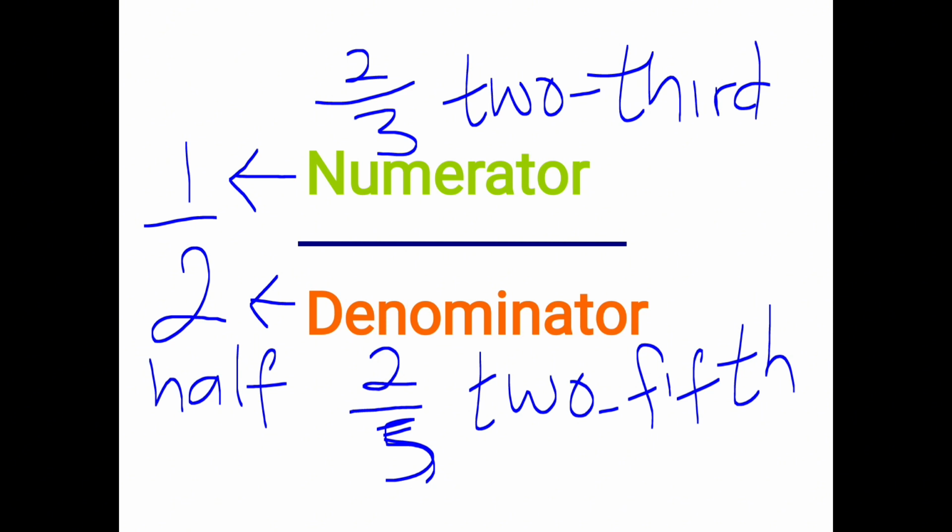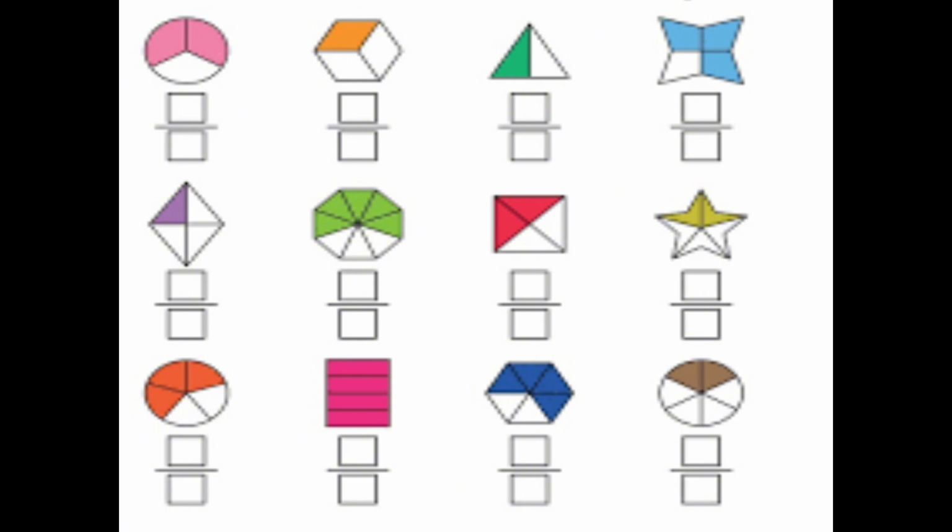So basically, the number above is numerator and the number below is what? Denominator. Very good. So what we need to do here is to figure out the fraction of the shaded part of this shape. We count the number of shaded parts over the total number of parts in that shape. Do you understand? Good. So follow me while we do that.